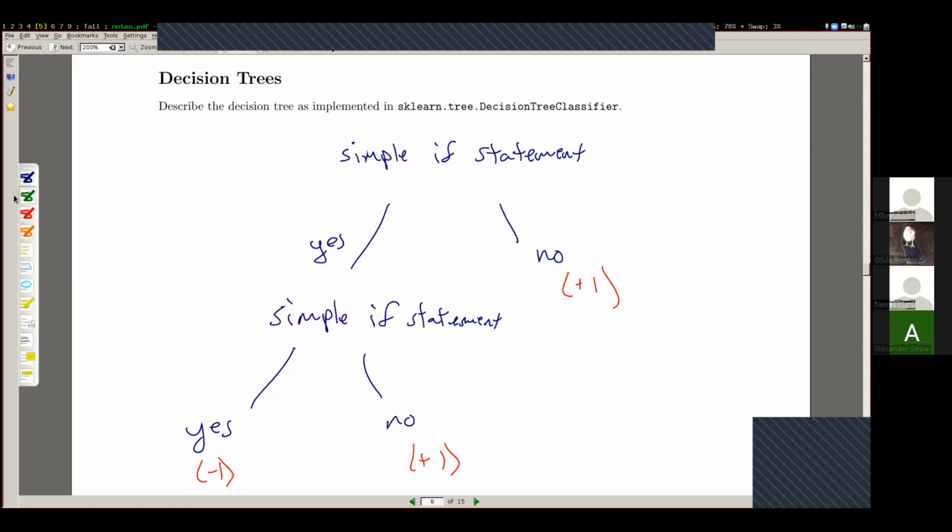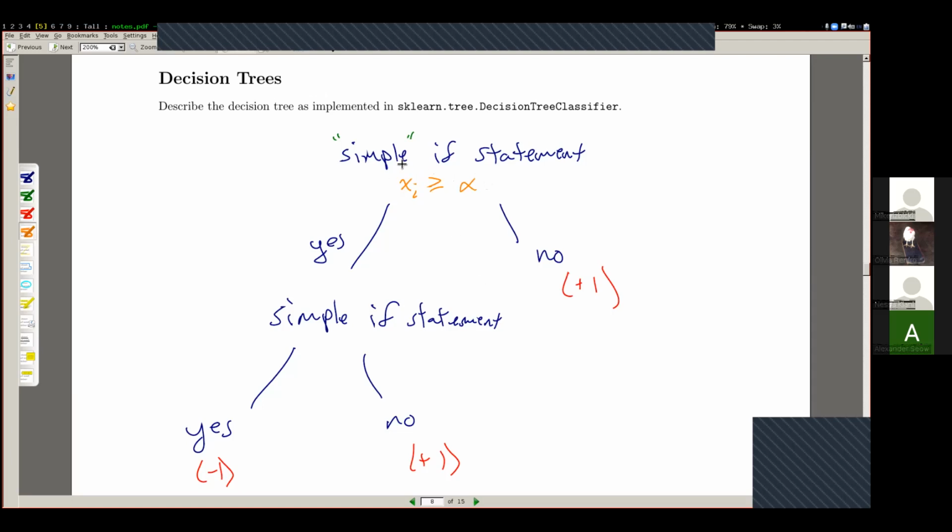I wrote simple if statement in a very generic form because my definition of simple seems to be different from students' definitions of simple. What this decision tree classifier actually implements is that you look at an individual feature, one feature at a time, and check to see if it's greater than or equal to some threshold value.